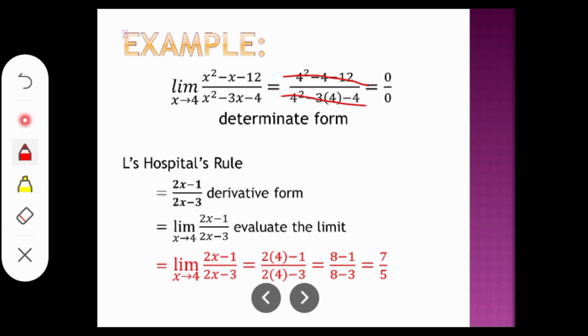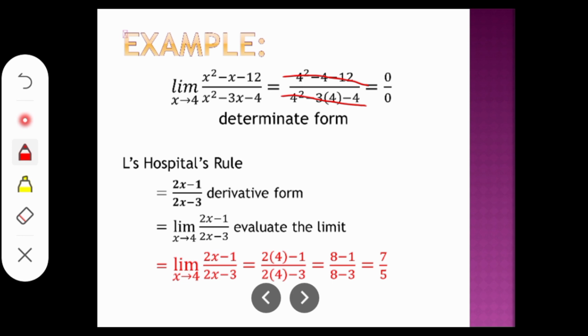So we evaluate the limit again: the limit of 2x minus 1 over 2x minus 3 as x approaches 4 equals 2 times 4 minus 1 over 2 times 4 minus 3.